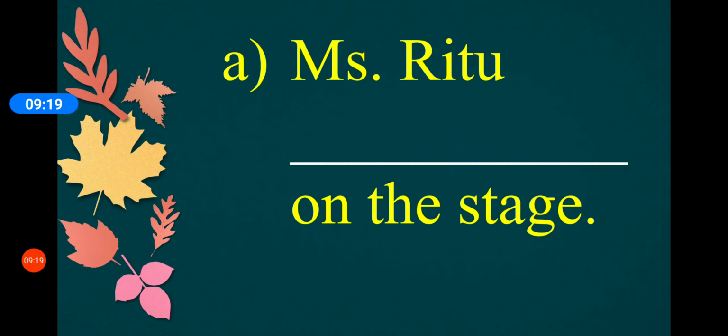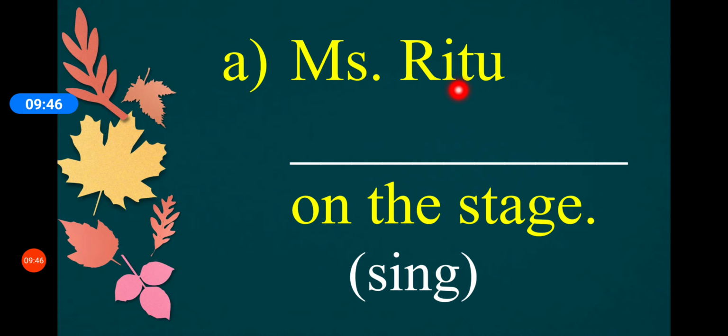Here is the first sentence for you. Miss Ritu dash on the stage. The verb that is given to you is sing. Now children, you have to look for the subject first. What is the subject? Miss Ritu is the subject. That means a singular noun.